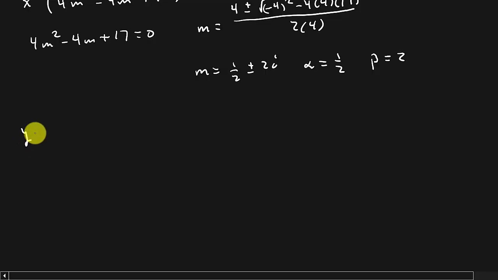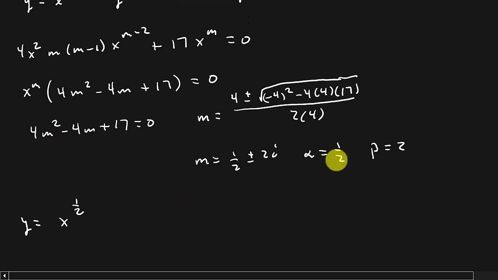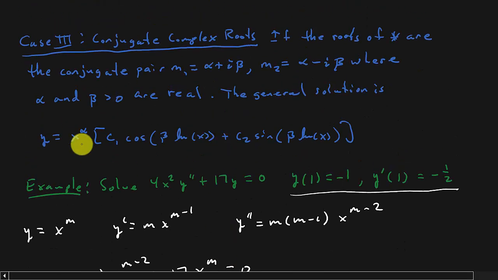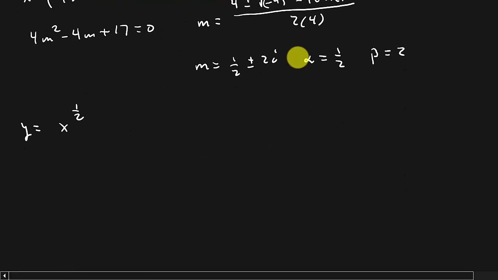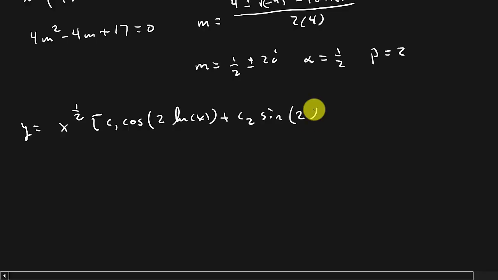So we're going to get y is equal to x to the alpha, right? So that's x to the 1/2. See here, x to the alpha. And then c1 cosine beta natural log x plus c2 sine beta natural log x. And so that's going to be times c1 cosine 2 natural log x plus c2 sine of 2 natural log x.